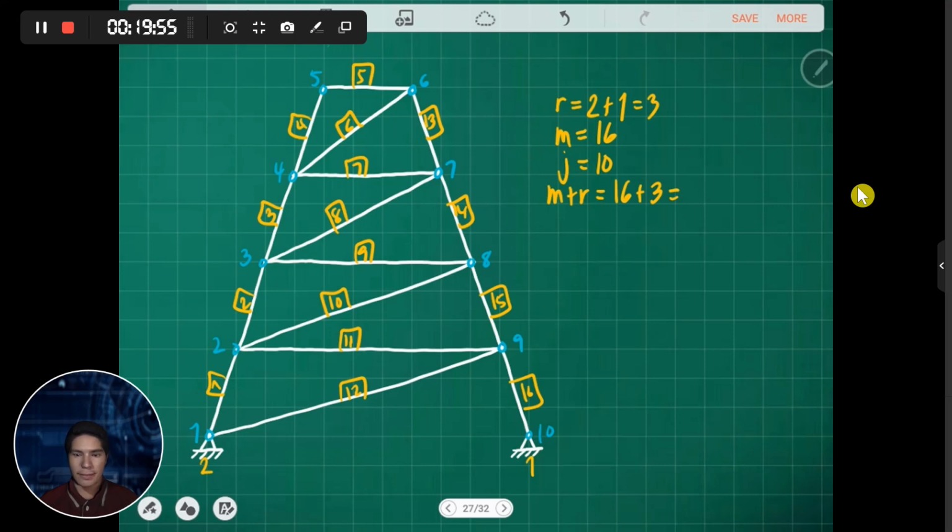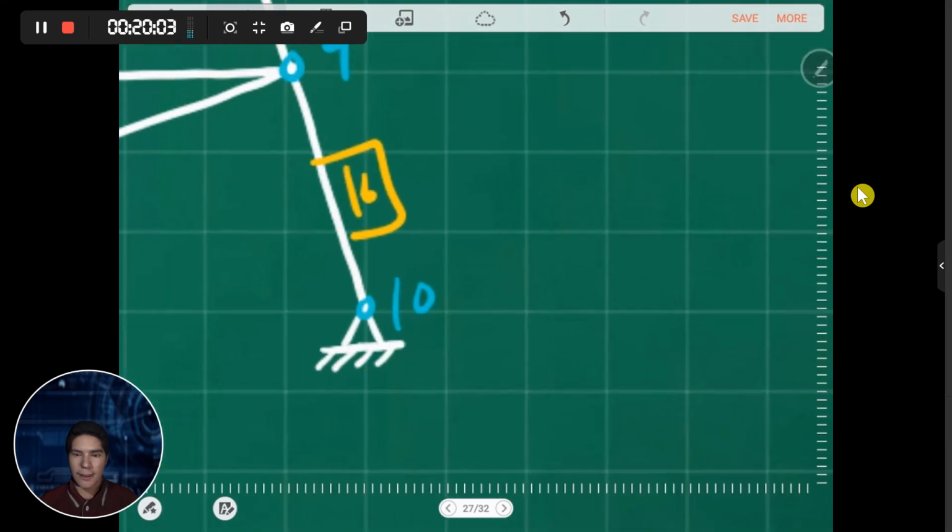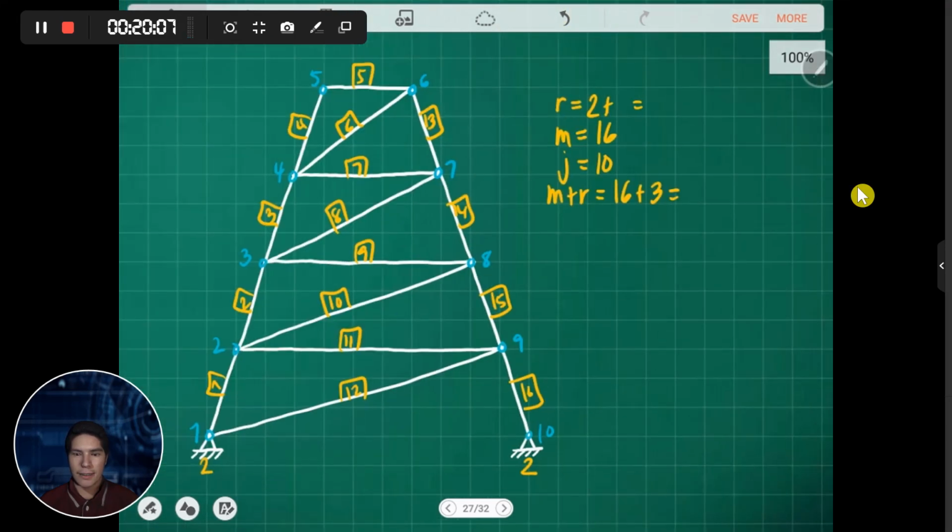Okay, I made a mistake. This one is not 1, this is an inch, so that is 2. So 2, so this must be 4, so a total of 20.